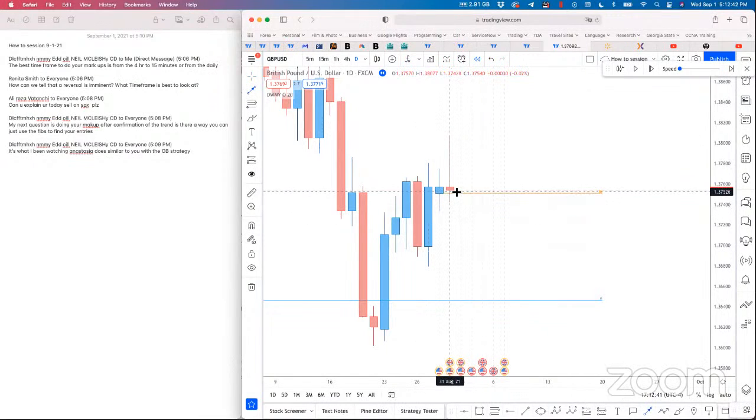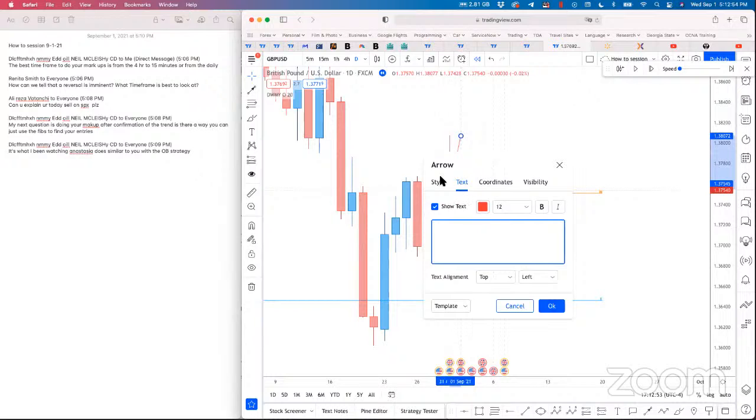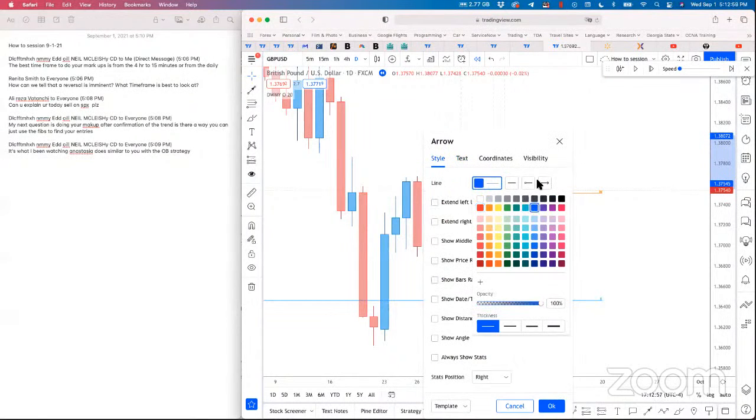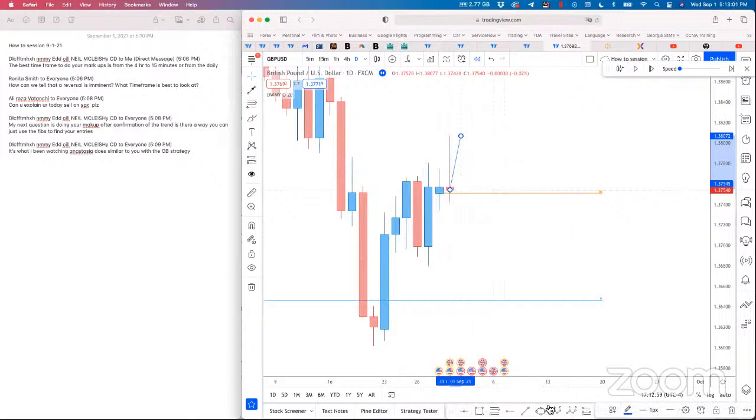So if price opened up and got near this high, which is what I was looking for today, I would be looking for price to sell around here, because it's already shown that it wants to potentially sell off near this high, and try to take it down below this low.